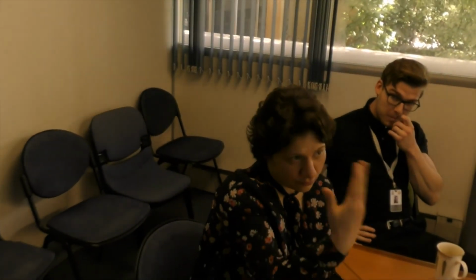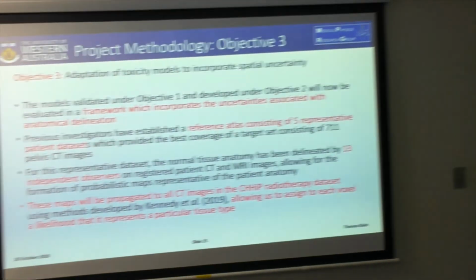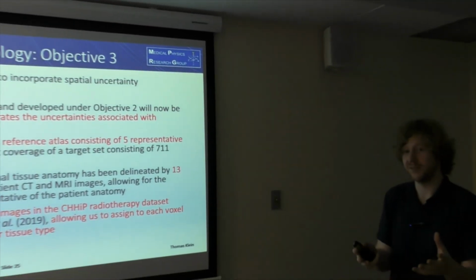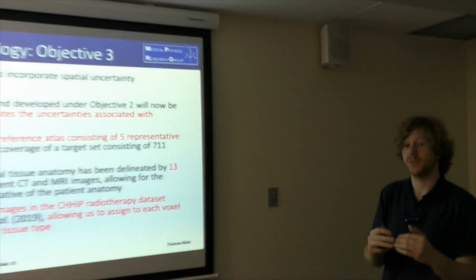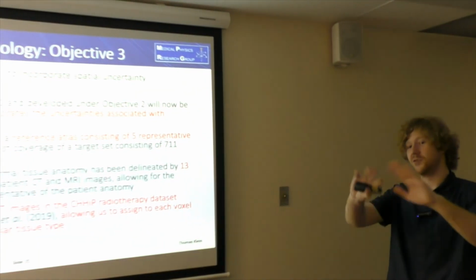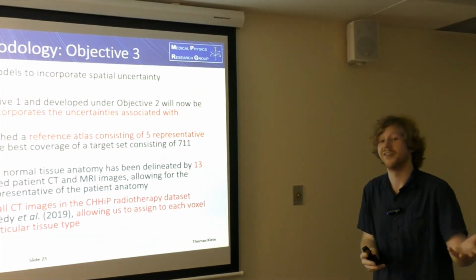What steps do you think are required for your study to be implemented in the clinic? Well, that was basically going back to our aims. The third aim is I want to incorporate spatial uncertainty into these models. This project fits into a much bigger framework that Martin's been working on.